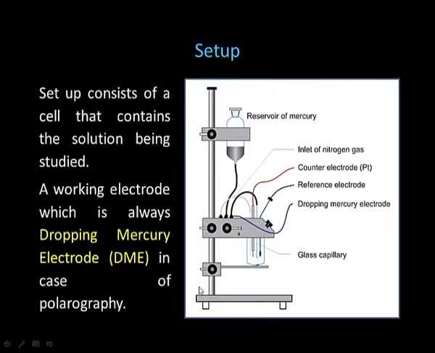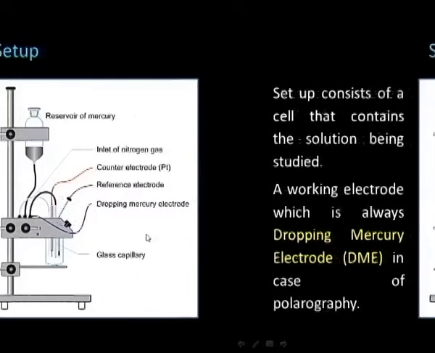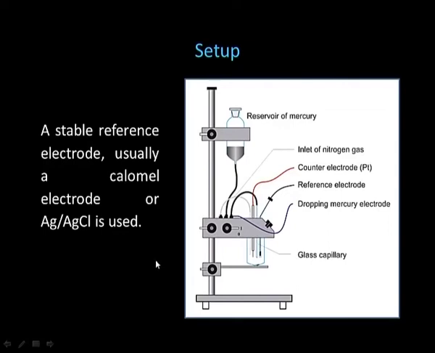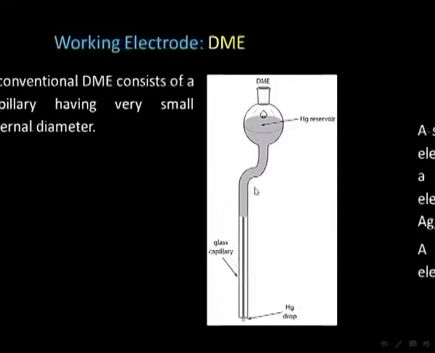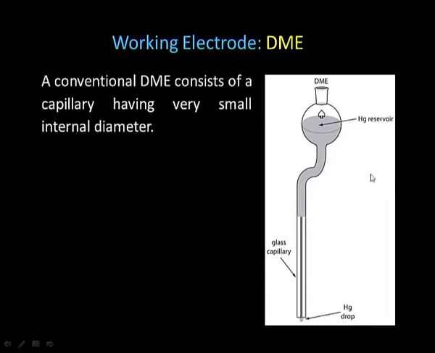The working electrode is always the dropping mercury electrode in the case of polarography, as I told you, whereas this electrode is replaced by solid electrodes in the case of voltammetry. A stable reference electrode, usually a calomel or silver chloride electrode, is used to measure the potential with respect to the working electrode. Now, this is an enlarged version of the dropping mercury electrode.